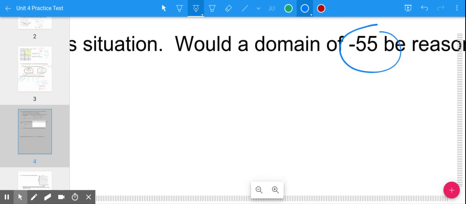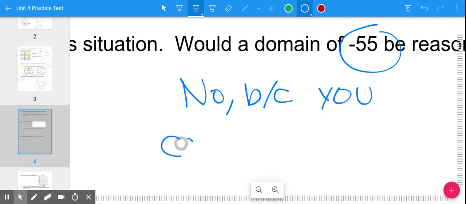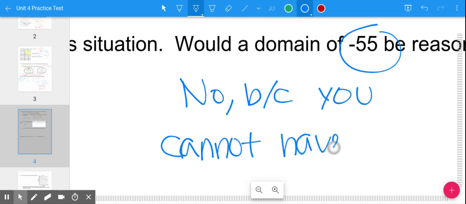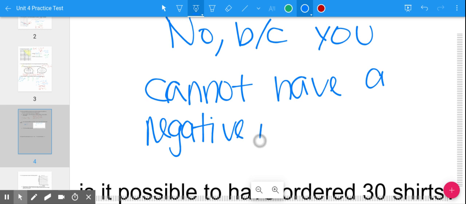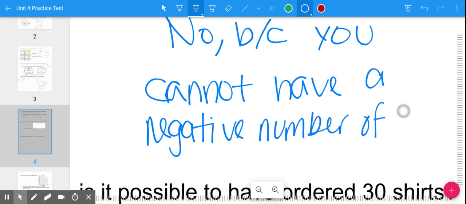No. So no, because you cannot have a negative number of shirts.